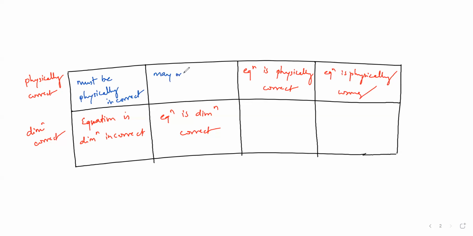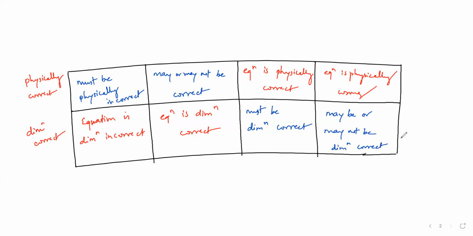So may or may not be correct. Next, equation is physically correct. So it must be dimensionally also correct. Equation is physically wrong. We can't tell. Maybe or may not be dimensionally correct. Clear?